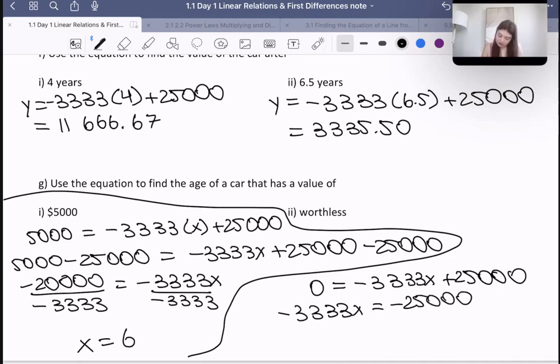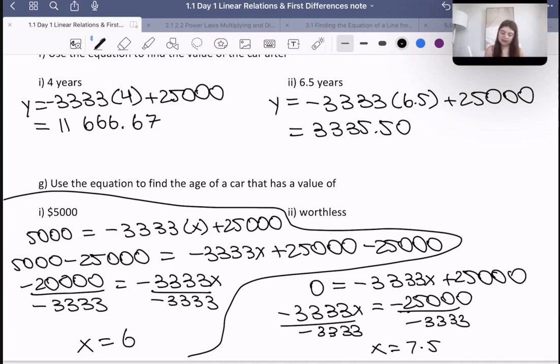And then we just have to do our division to get that x is equal to what? Let's see. 25,000 divided by 3,333 gives us 7.5. So therefore, after 7.5 years, the car is worthless. The car does not have any value left to it.